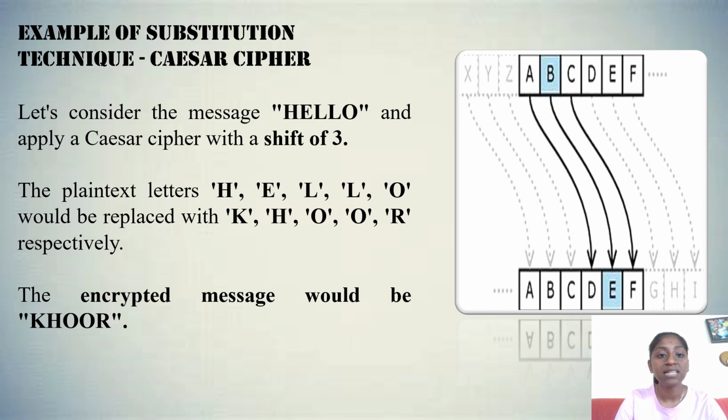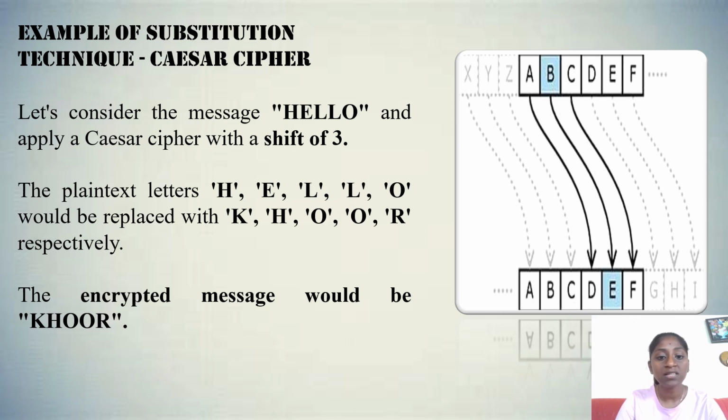Let's look into an example of substitution technique from the Caesar cipher. Let's consider the message HELLO and apply a Caesar cipher with a shift of 3. The plain text letters HELLO would be replaced with KHOOR respectively.